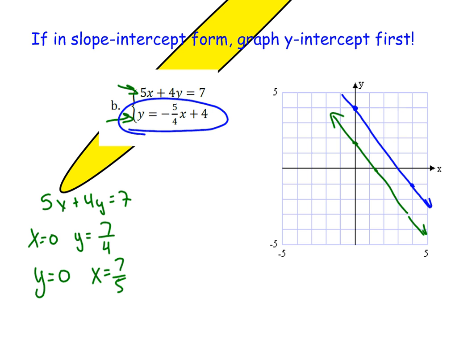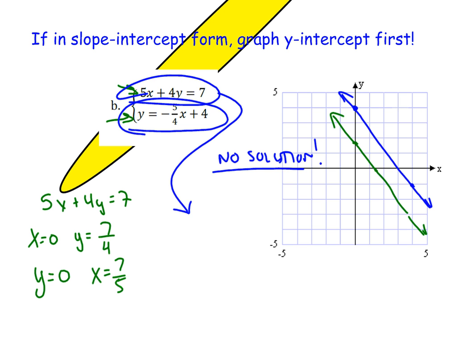Wait a second, something looks weird here. Those two look parallel to me. They look parallel, that means there's going to be no solution. A good way to make sure is let's rearrange this in slope-intercept form. So 5x plus 4y equals 7.